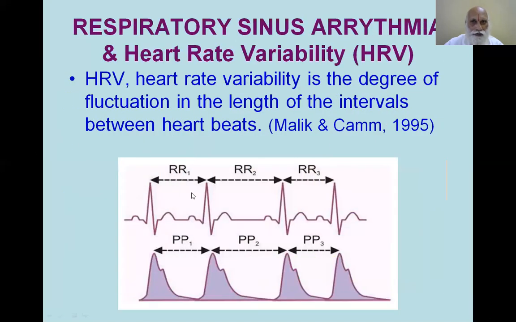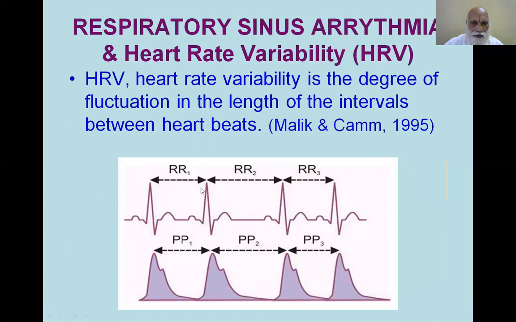Now, if you look at this picture, it is the ECG, and this is the QRS wave. R is very prominent, and it has a very short peak as well, so that you can measure the RR intervals very easily.